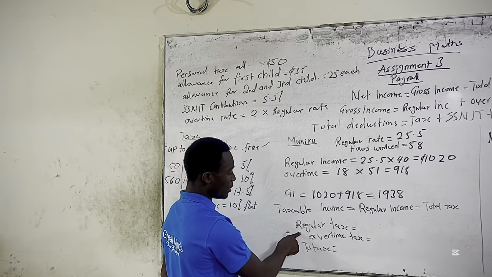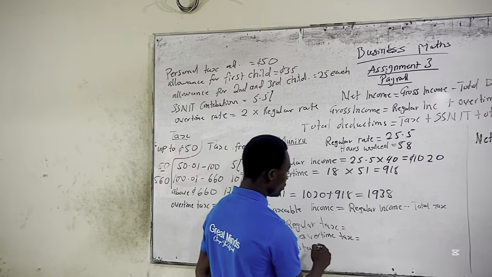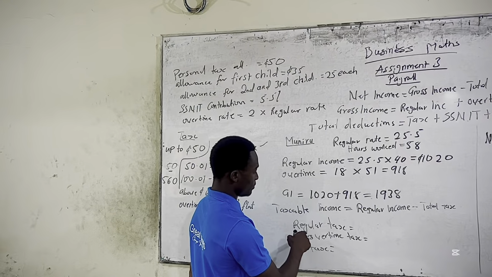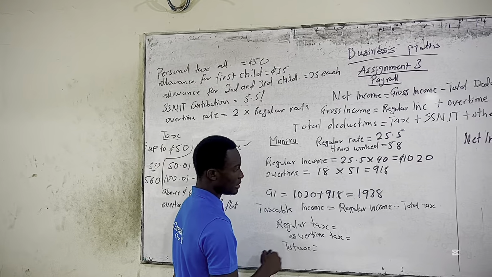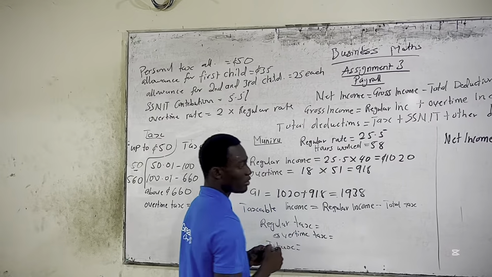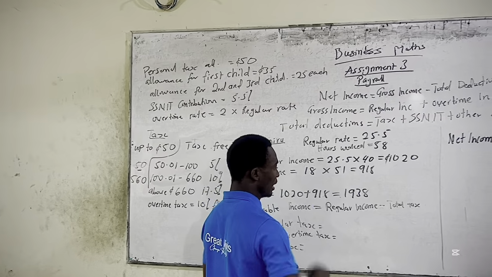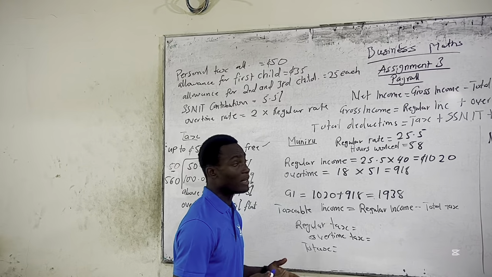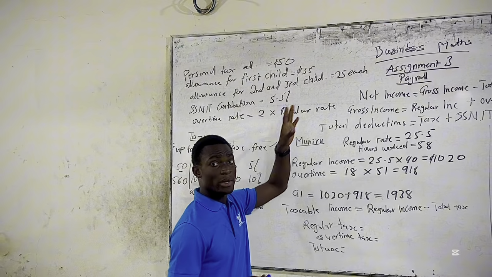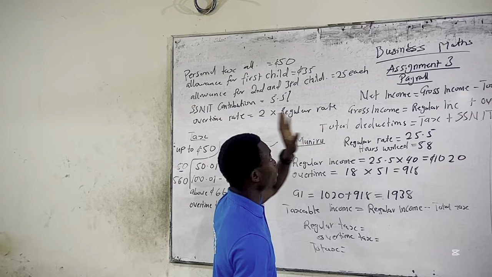Right? Now, regular tax is going to be what? We have to find taxable income, right? Taxable income is equal to regular income minus total tax allowance. Now, he has 3 children and above. That means he's qualified for the allowance for the first child, second and third child, as well as himself.